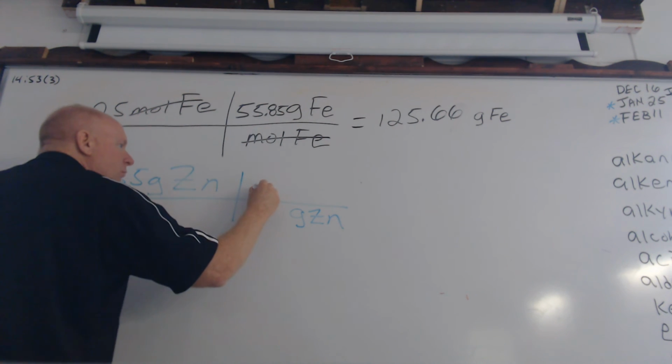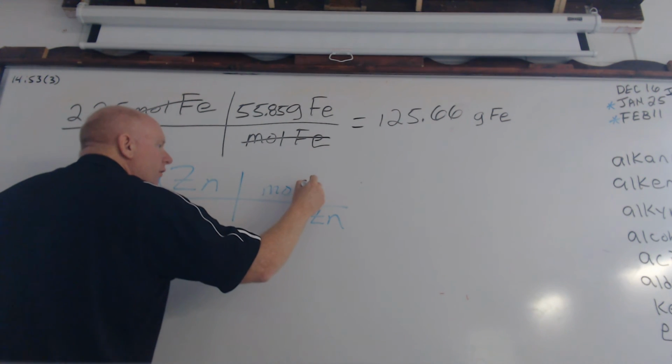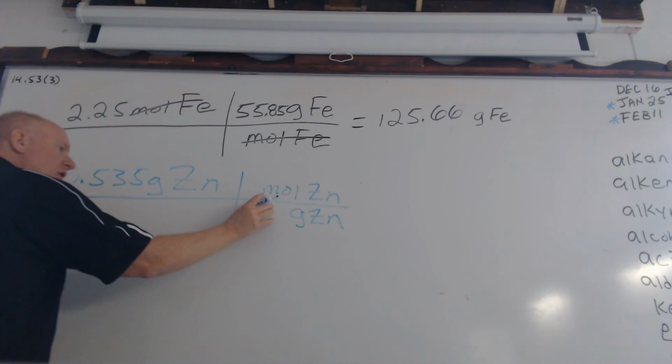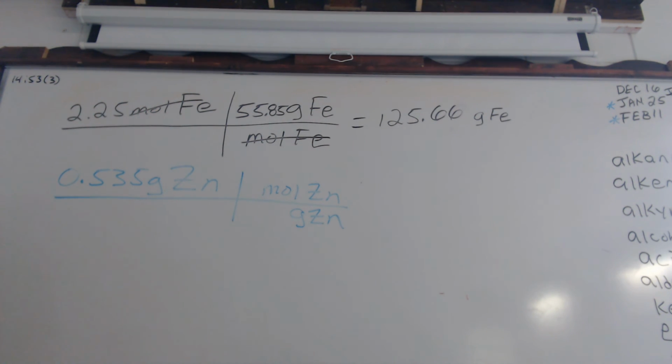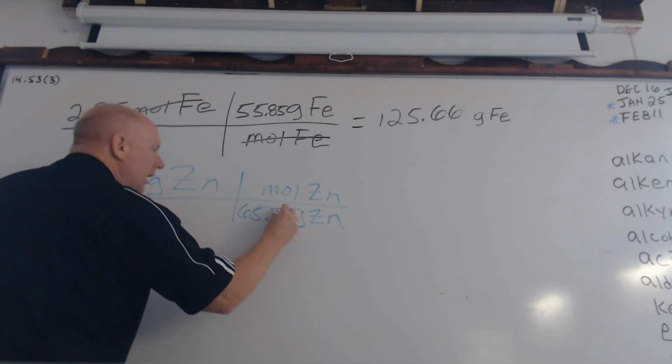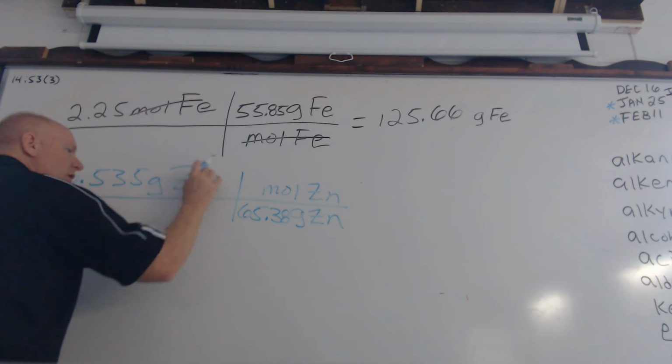This time it is moles per gram. We left a little space there because what are we going to put in that space? 65.38. What happens to these grams?